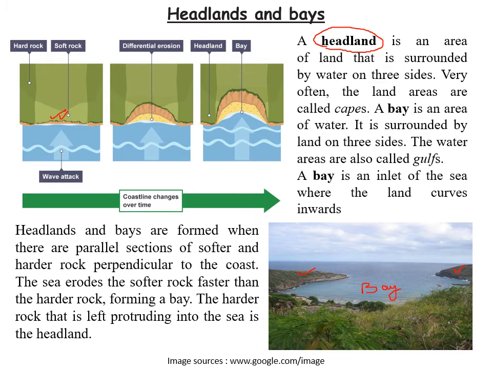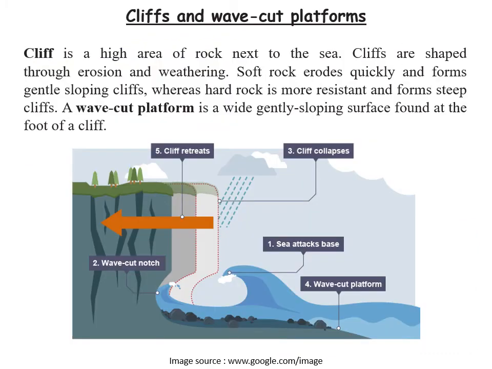Particularly these headlands and bays occur side by side, and they occur when there is an alternation of soft rock and hard rock found along the coastlines, and these rocks occur more or less perpendicular to the coastline, and that results in differential erosion in the soft rock as well as in the hard rock.